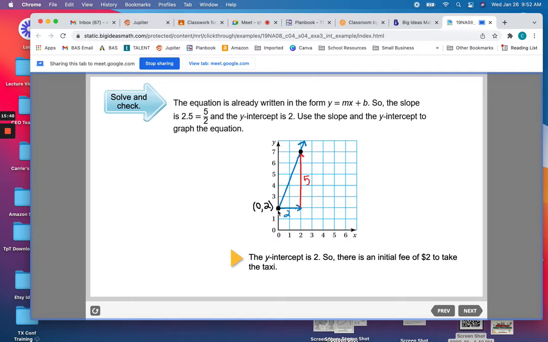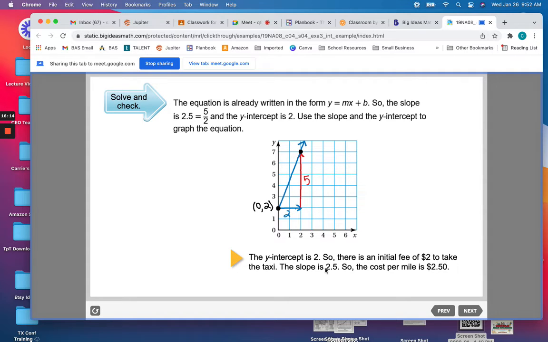As you go, the further away you go, 1 mile, 2 miles, the amount of money increases. It's going to cost you $2.50, because that's your slope, $2.50 for every mile.